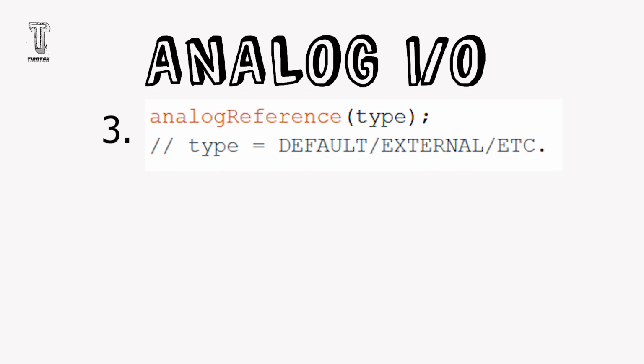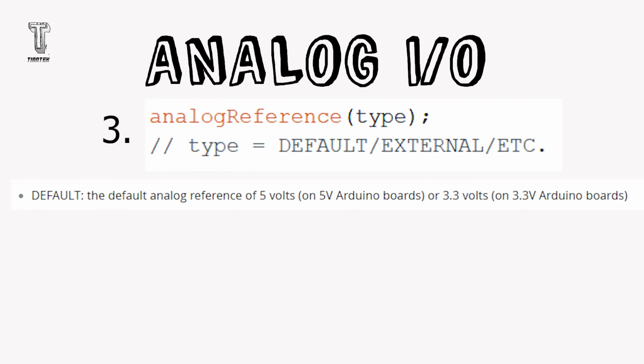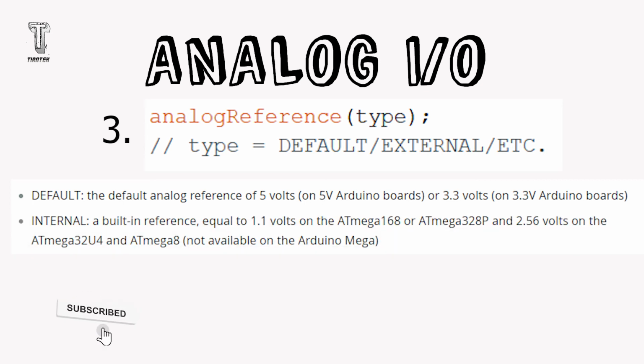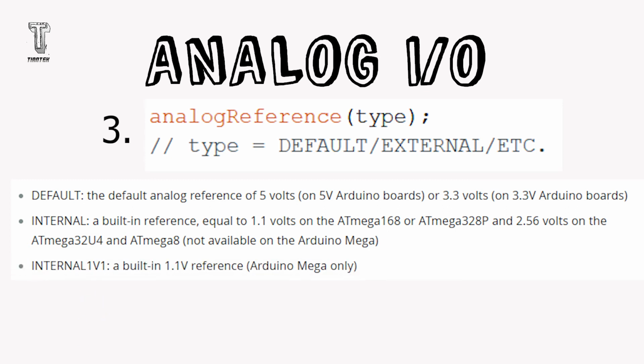Analog reference. There are 5 different alternatives for this one, including default. Depending on the board you choose, this will be either 3.3 or 5 volts. Internal. This is a built-in reference that may differ slightly based on the processor type you choose to use. Internal 1V1. This is a built-in reference based on the 1.1 volt reference.